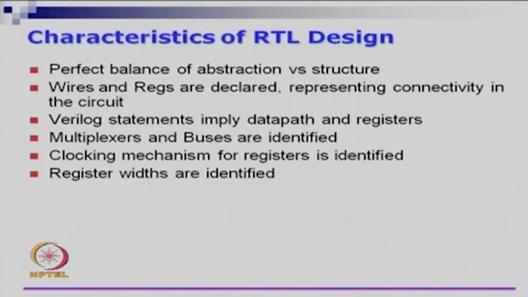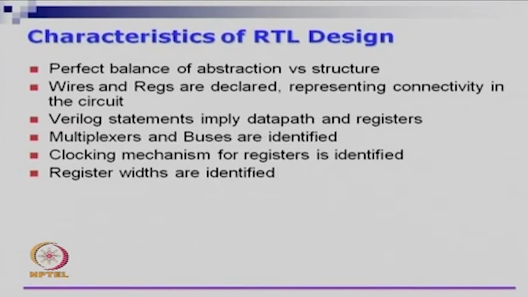In RTL design we declare the wires and regs so that we know all the connectivities that we need, and we have Verilog statements that imply the data path elements and the registers. We also identify all the multiplexers and buses that are needed. Even in the GCD example, if you remember, we had 2 multiplexers to choose where the inputs are supposed to come from. We decided on a clocking mechanism, and we also identified the register width.